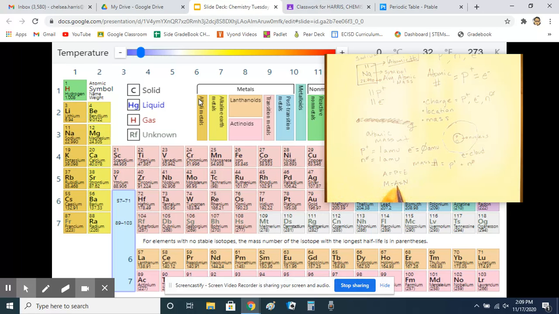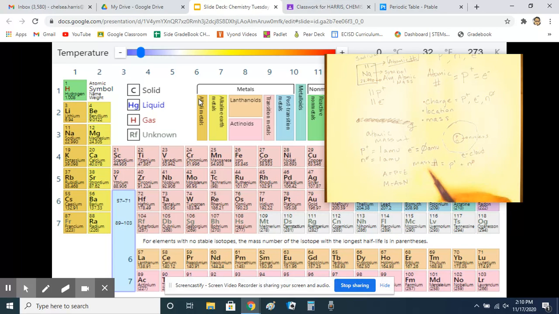We know that the atomic number right here tells you the number of protons, right? So if you know your protons, you'll put that number here. The mass number will be your protons and neutrons together. But if we don't have this information for you, you might have to calculate it, okay? So it depends on the problem.